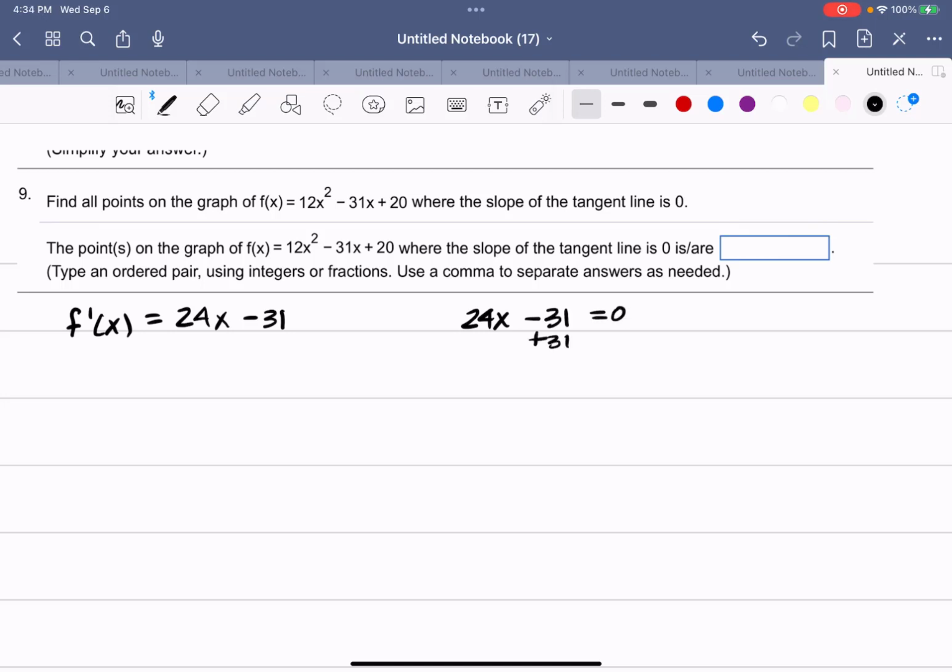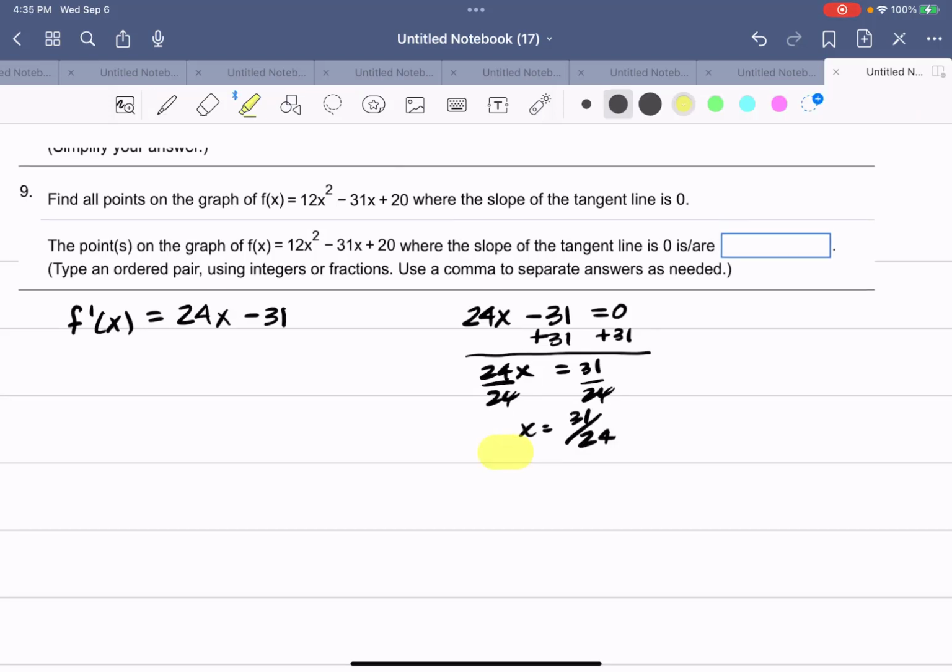We add 31, 24x is 31, divided by 24, so x is 31 over 24.